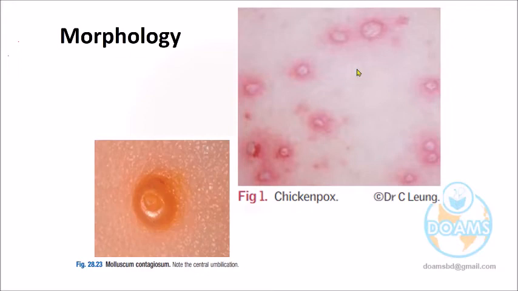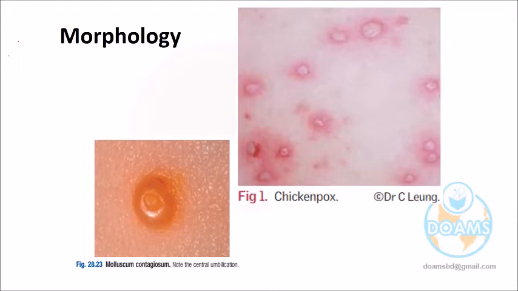But in chickenpox, sometimes the central part is a little different. It seems to be a depression. The very scientific word we say is umbilicated lesion. So if umbilication is there, it could be chickenpox, it could be molluscum contagiosum.